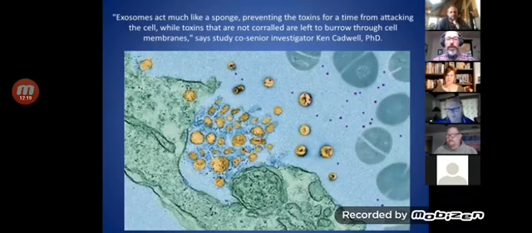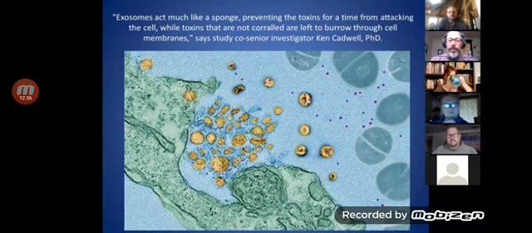Here is another slide showing the functions of exosomes, as they can remove toxins. So in the upper right here, these green cells are actually bacteria. And by the way, all electron micrograph images are always in black and white. If you see an image like this that has been colorized after the fact, they did that to help you identify what is what.